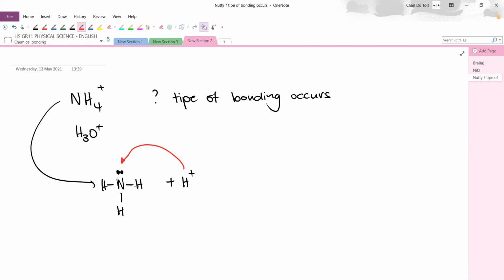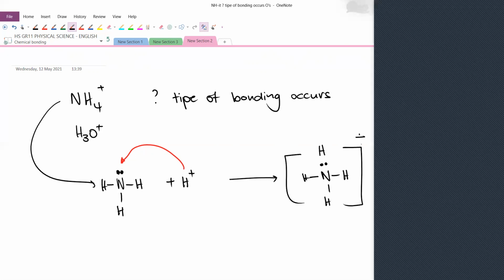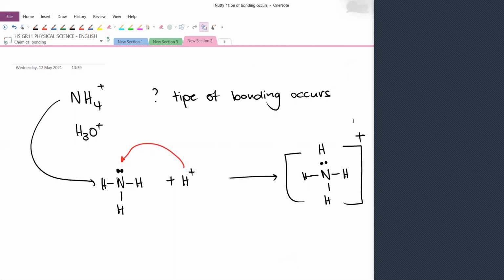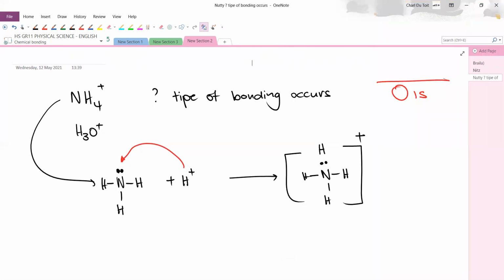So basically its 1s orbital is empty. So it's nice because 2 electrons can fit into that 1s orbital. So in this case, ammonia will supply both electrons to bond in that bond. And my hydrogen will go and sit there. And this whole molecule will have a positive 1 charge. That's called dative covalent bonding. It's very important for the test.